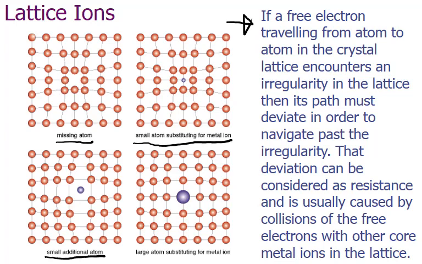So these being all metal atoms, let's say you had a small atom within there, it's going to affect the lattice as well. Or if you have a large atom inside the metal lattice, it'll look like this. And so that electron, as it tries to pass through, is going to encounter this and will slow down. It's going to cause resistance. The current will slow down because of it, and we look at that as an increase in resistance.